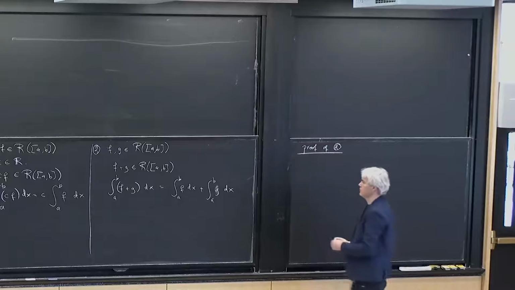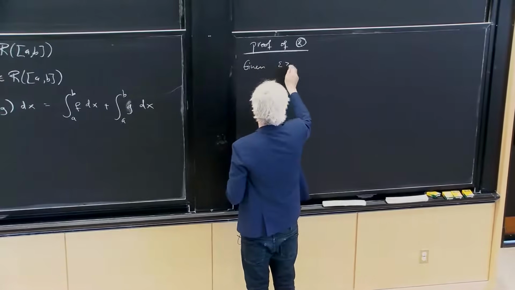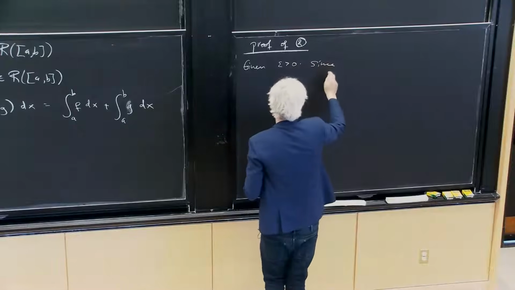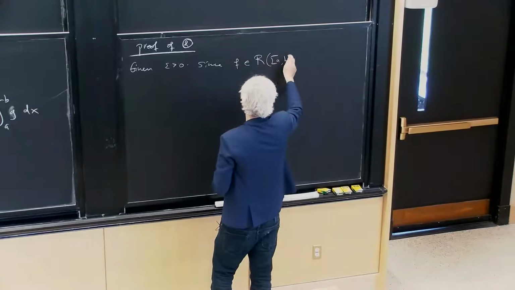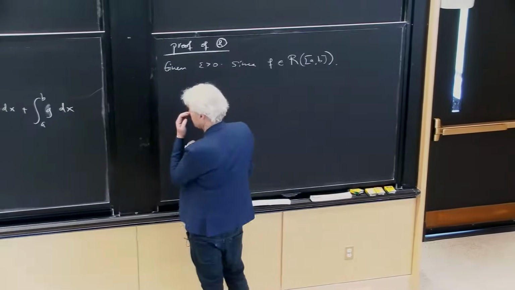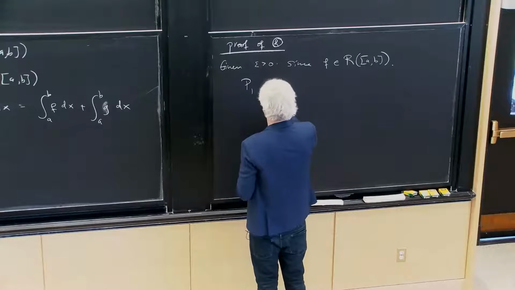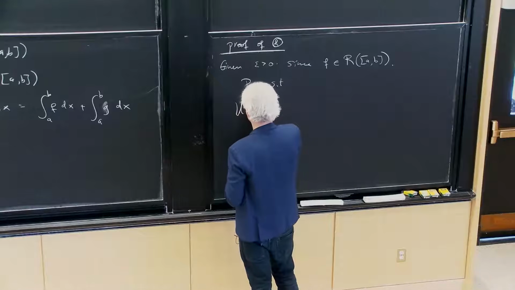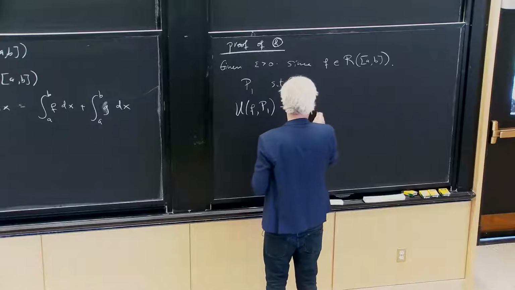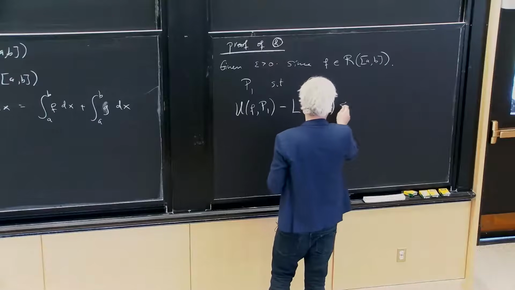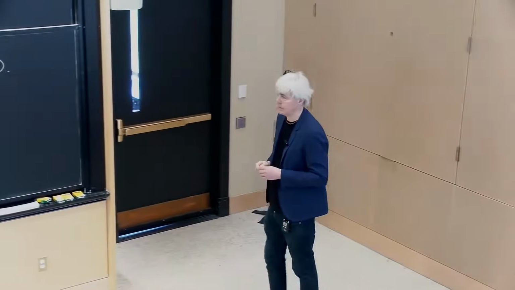So given epsilon greater than 0, since f here is Riemann integrable, then there exists a partition P1 such that the upper sum minus the lower sum is less than epsilon over 2. Right? This is because the function f was Riemann integrable.